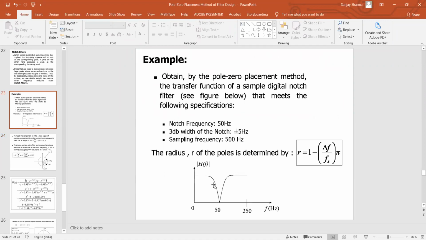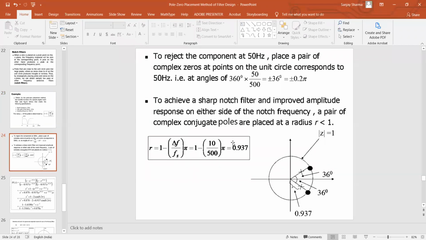Placing a zero will take the magnitude response to 0, but the widening of the notch, how much width of the notch you require, will be given by the poles. Now we have to get a notch of plus minus 5 Hertz, so delta f will be 10. Fs is equal to 500. So we get the position of the poles, and at 0.937 we place the poles.